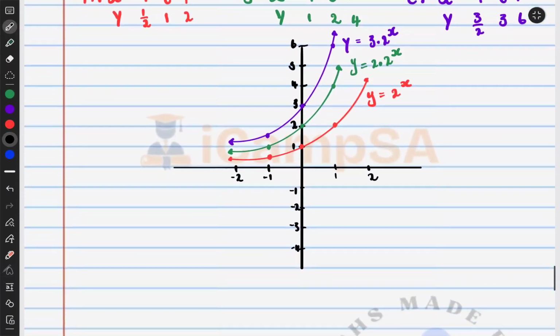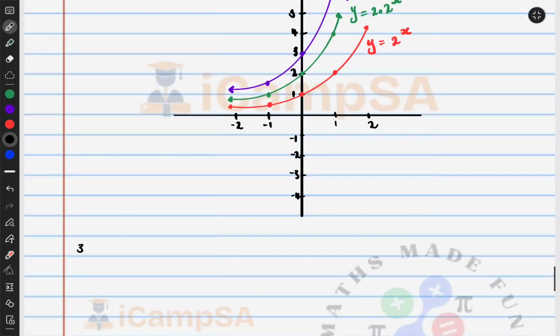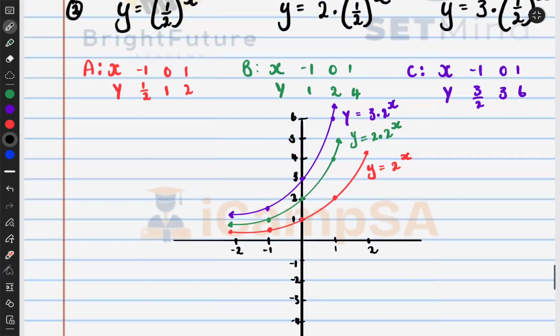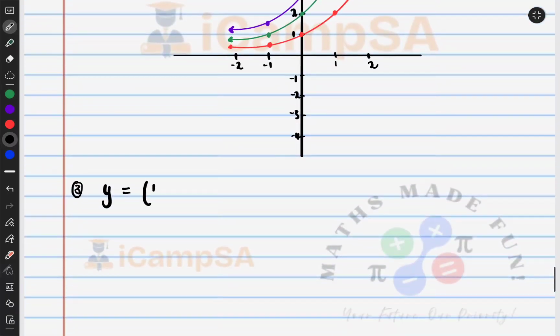Number 2, still doing examples regarding the vertical stretch of the graph. Y is equal to 1/2 to the power of x. I'm quickly rewriting what we had there.